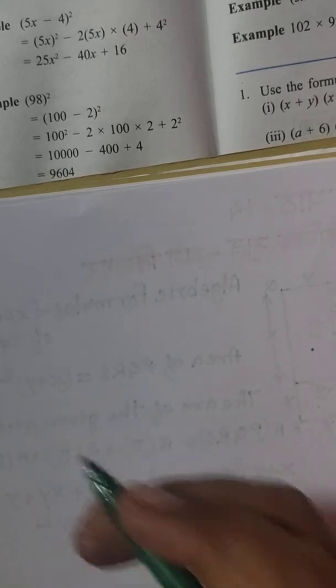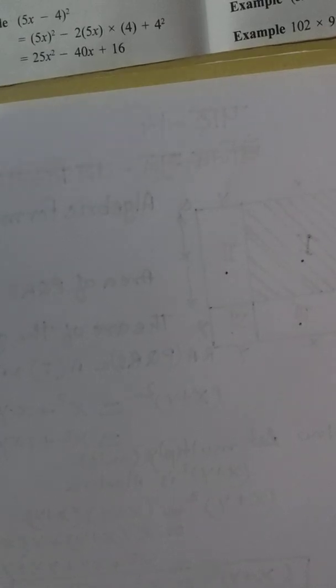If you draw a similar square, just like firstly you draw the square, if you draw a square having its length a, any other square, let us consider this type.